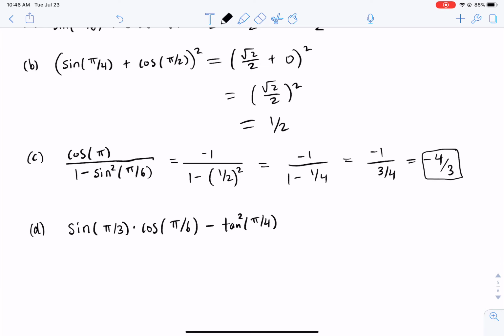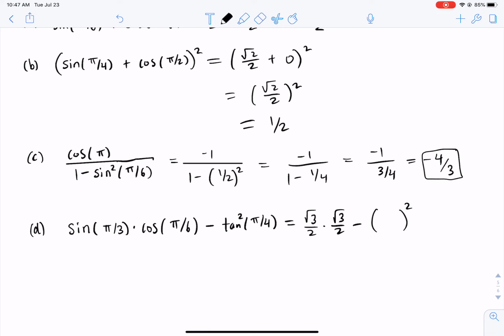I don't want to put degrees, but it's fine. This is to see if you remember what they are. Pi over 3 is 60 degrees. Sine of 60 degrees is radical 3 over 2, times cosine of pi over 6. Pi over 6 is 30 degrees. Cosine of 30 degrees will also be radical 3 over 2, minus tangent squared of pi over 4.